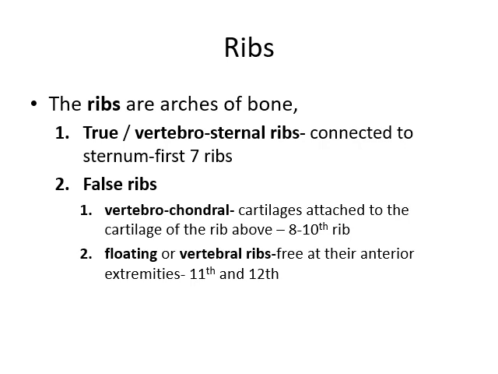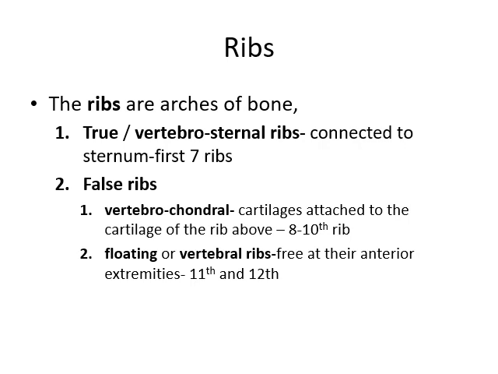And the false ribs are divided into 2 groups: the vertebrochondral ribs. The vertebrochondral ribs are the ribs whose costal cartilages are attached to the costal cartilage of the rib which is above. They are not directly articulating with the sternum. So they articulate with the vertebrae and with costal cartilages.